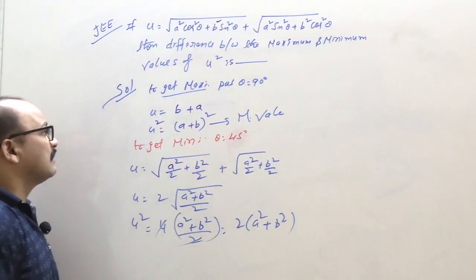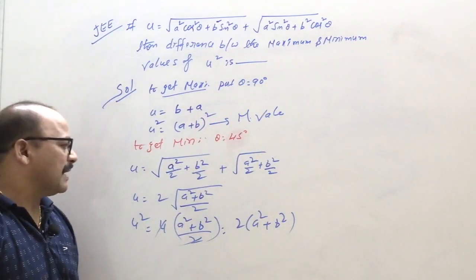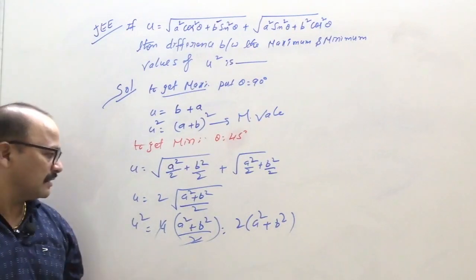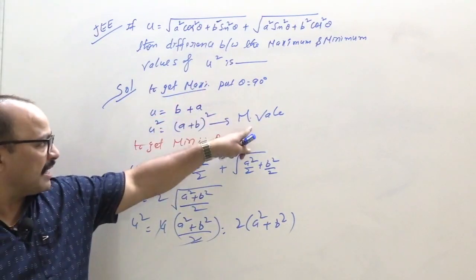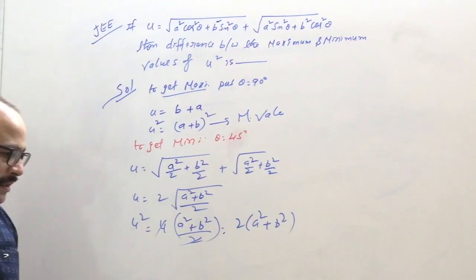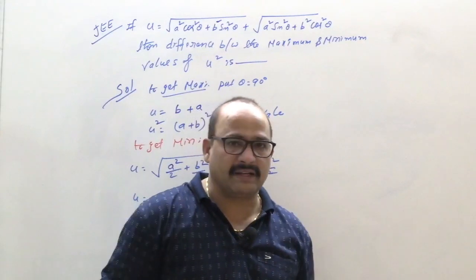They are asking for the difference of maximum and minimum. Okay students? Come on, write. Maximum value minus minimum value, that is the difference. Difference means either maximum minus minimum or minimum minus maximum; apply the modulus finally. That is the answer.